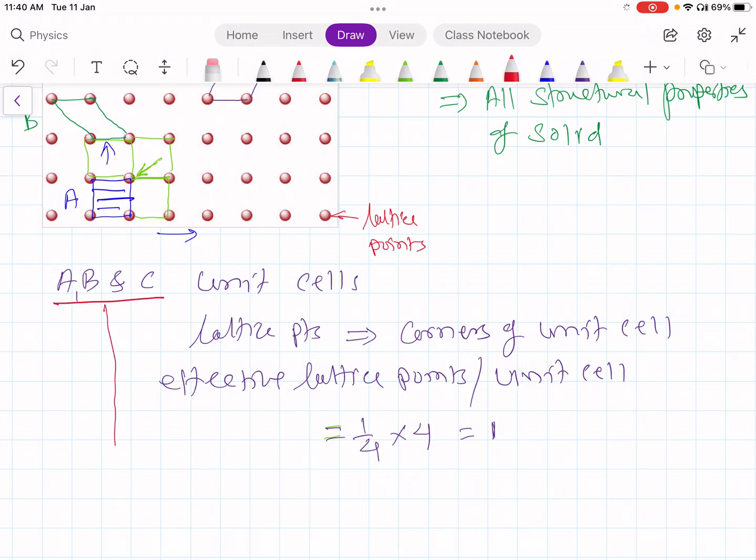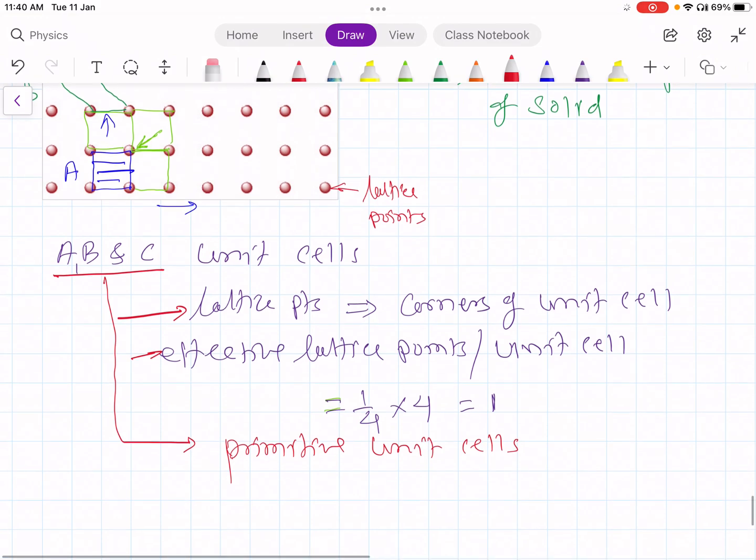So A, B, C are primitive unit cells. If lattice points are located at the corners of the unit cell and the effective lattice point per unit cell is 1, then that type of unit cell is called a primitive unit cell.